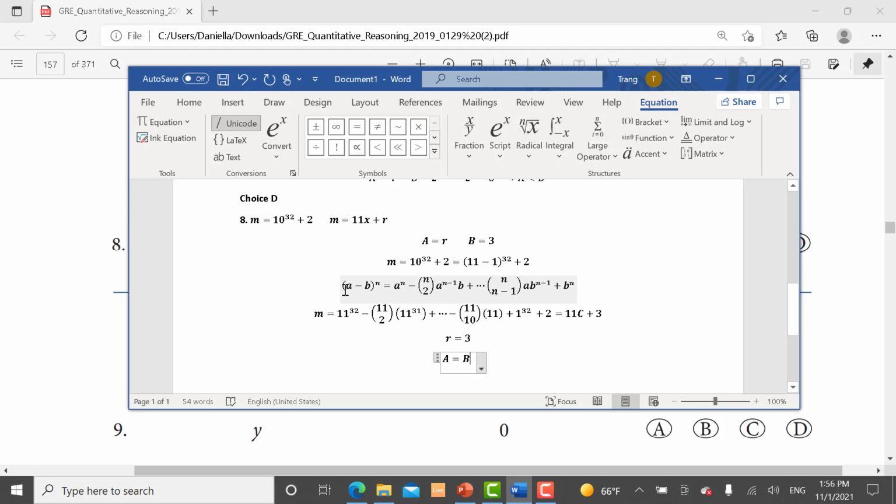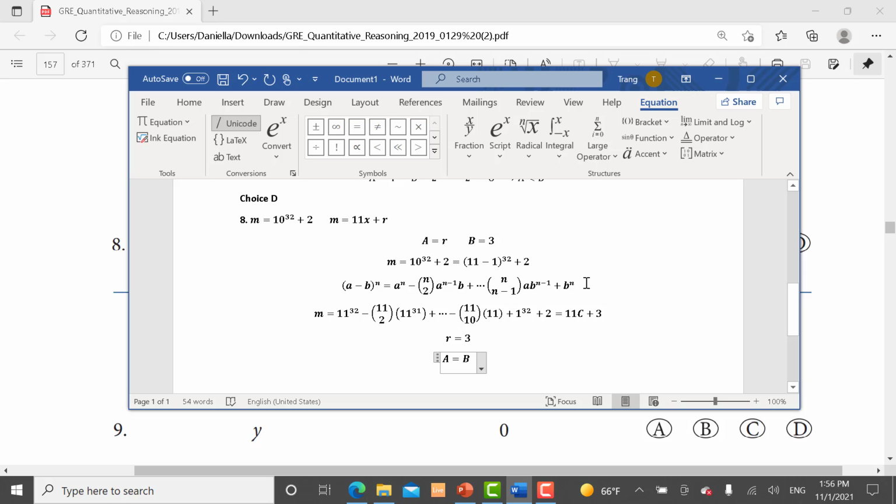And now recall the formula for a minus b, the whole thing to the n. It should be a to the n, minus n choose 2, a to the n minus 1 b, plus dot dot dot, n choose n minus 1, a b to the n minus 1, plus b to the n.